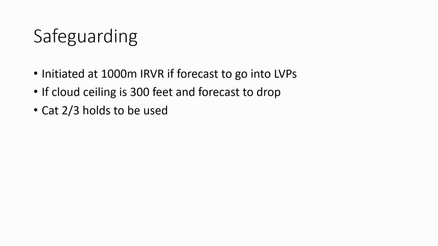Okay? So, we're then coming to this thing called safeguarding, which not many people have heard of. Safeguarding is what we use, basically, when we feel like we're going to go into LVPs.